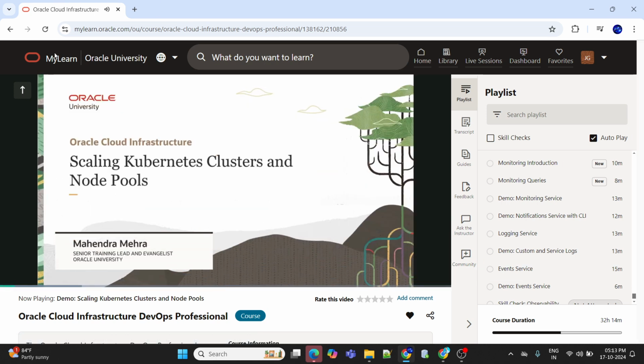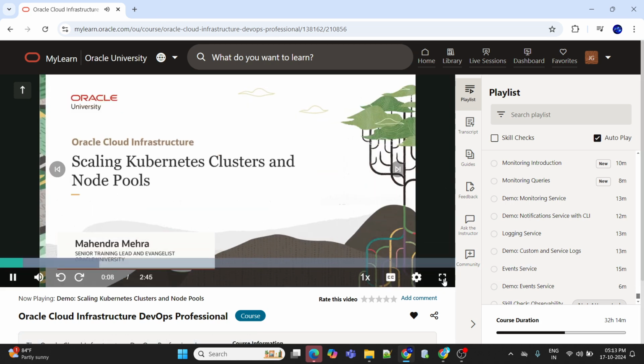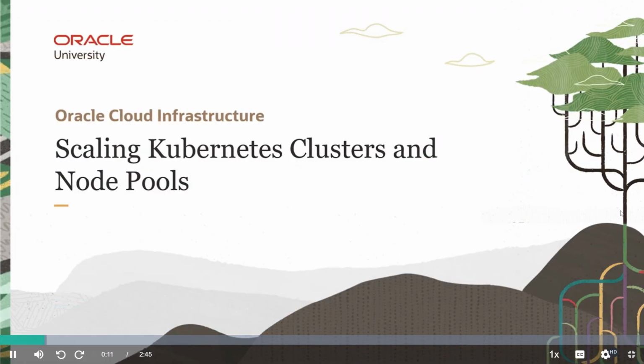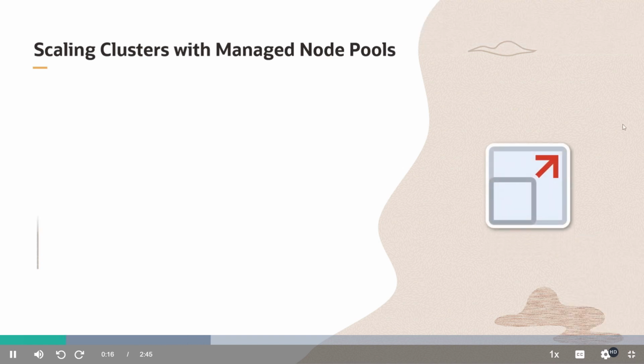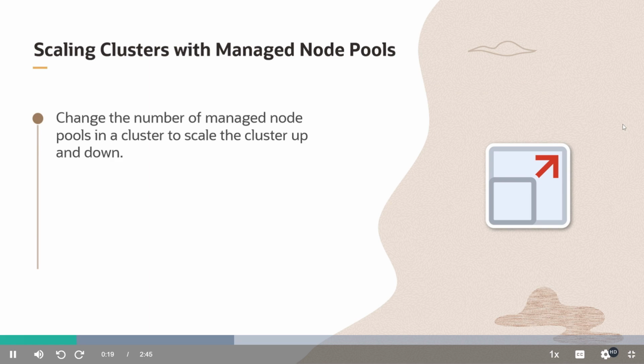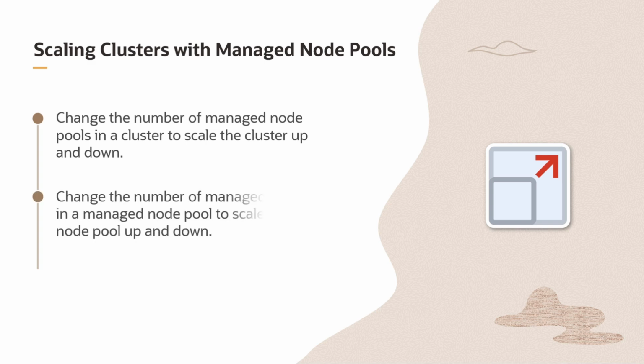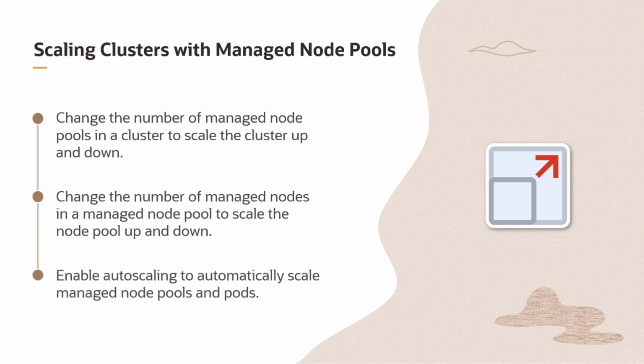Hello and welcome to our exploration of scaling Kubernetes clusters and node pools with Container Engine for Kubernetes. Let's get started. When it comes to scaling clusters with managed node pools, you have the power to adjust the number of managed node pools in a cluster for dynamic scaling. You can fine-tune the number of managed nodes within a pool for granular control and embrace autoscaling, allowing automated adjustments to managed node pools and pods based on demand.